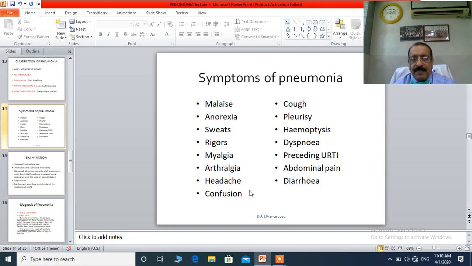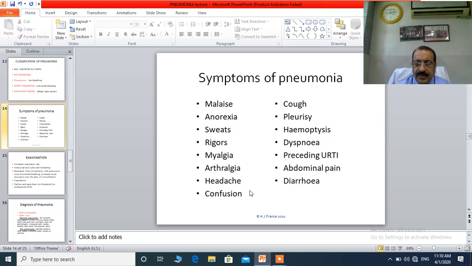Generally speaking, the symptoms of pneumonia are that the child will have anorexia and malaise. There may be fever with chills and rigors, myalgias, arthralgia, pleurisy, chest pain, and there may be hemoptysis in older children.